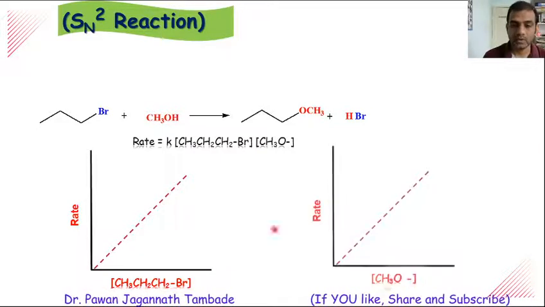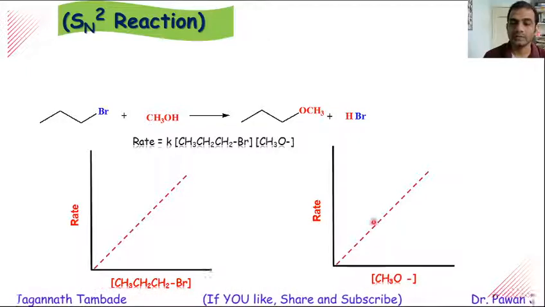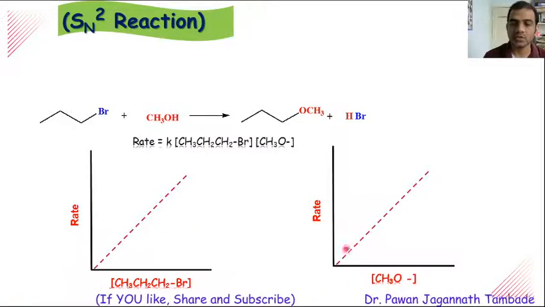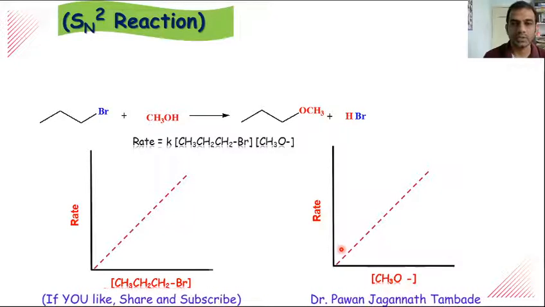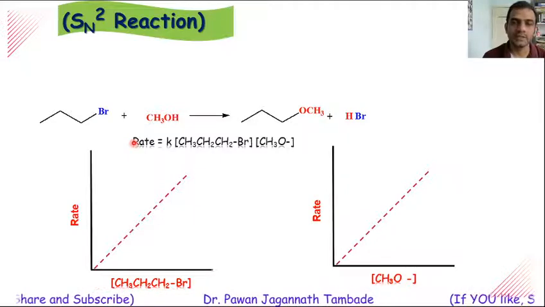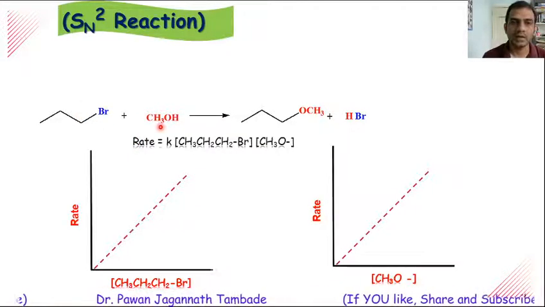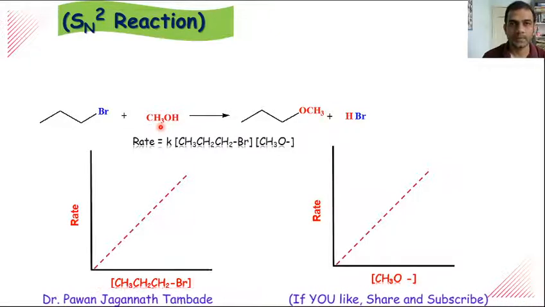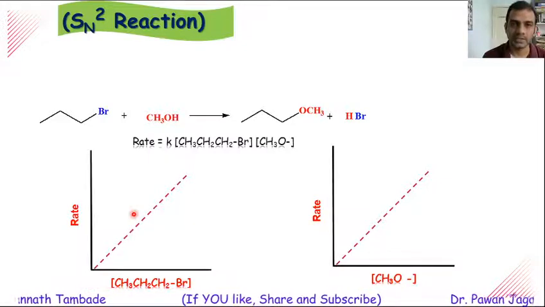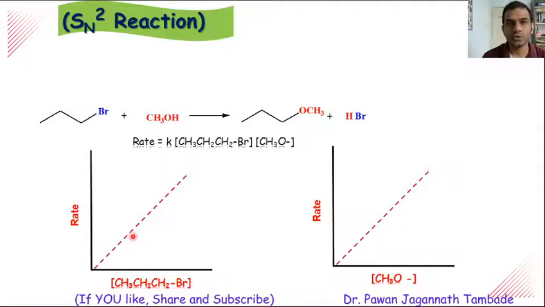At the same time, when we change concentration of this nucleophilic species, as we increase the concentration, rate of reaction increases, and as we decrease the concentration, rate of reaction is also decreased. In such cases, it has been observed that rate of reaction is dependent on concentration of both, that is alkyl halide and a nucleophilic species. If their concentration increases, rate of reaction increases, and if their concentration decreases, rate of reaction also decreases.